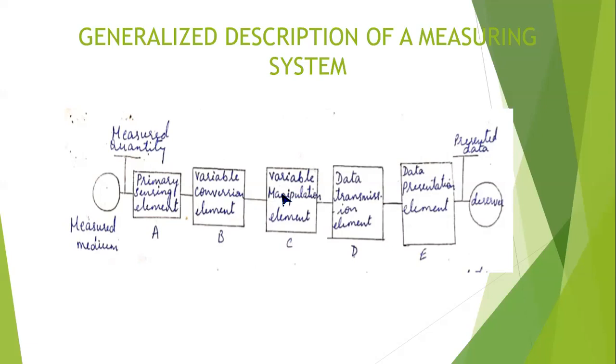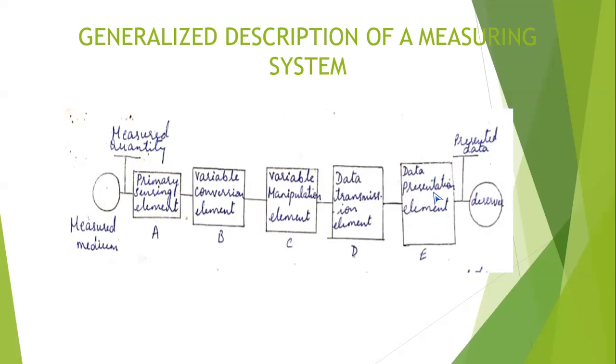That voltage signal is converted into digital form. In the data transmission element, the voltage signal coming from the variable manipulation element is converted into a digital signal. That digital signal can be read from the digital indicator, which presents the result of the measurement, that is weight of the sugar, 3 kgs, in kgs.